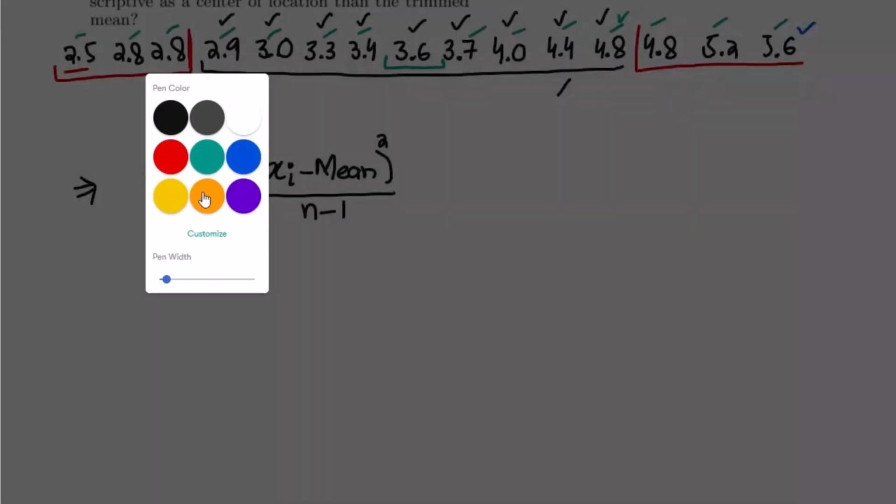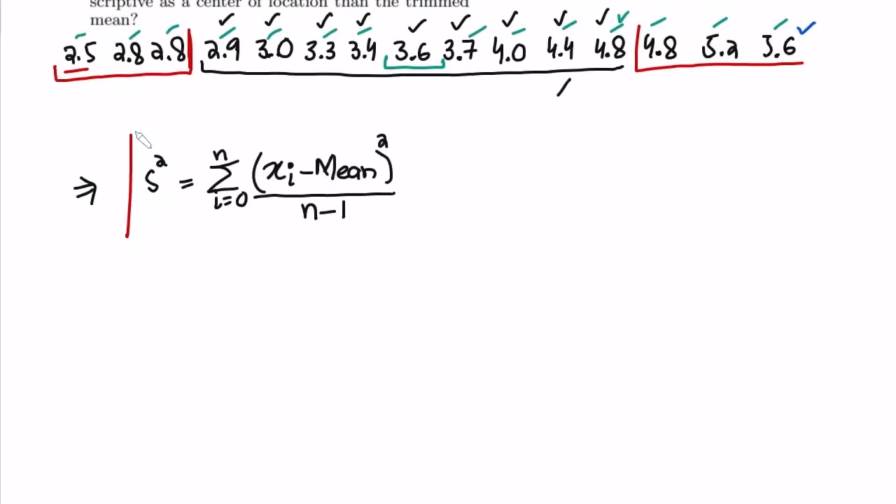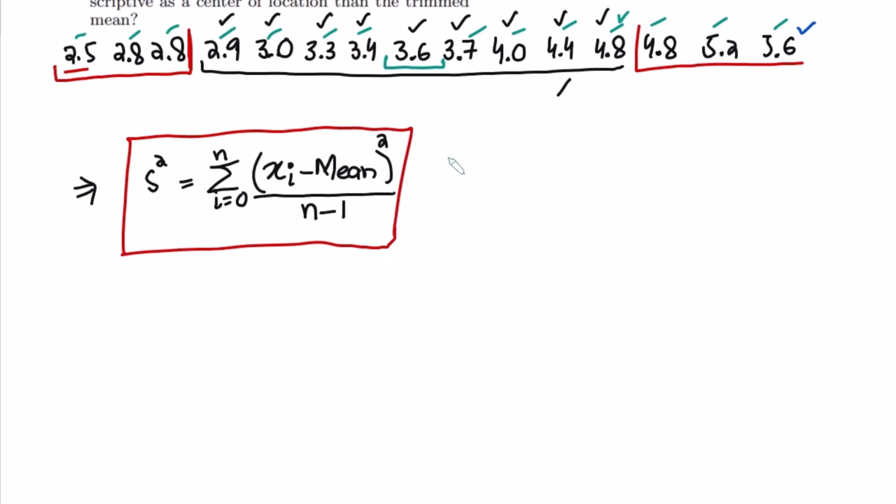That is basically the formula for the variance of a data set, which basically shows us the average spread of the data.